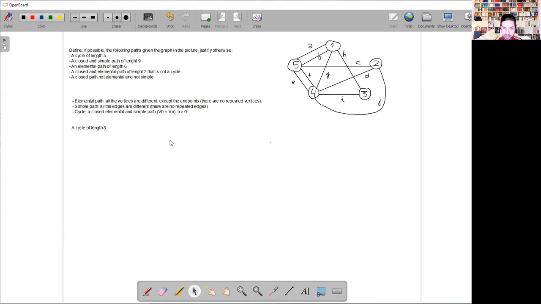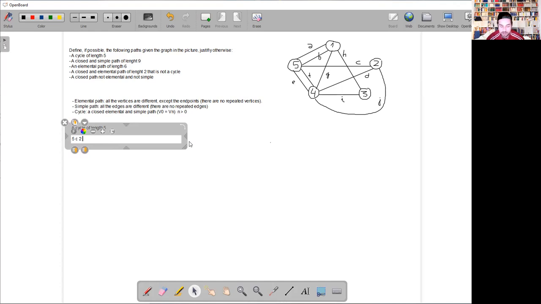So let's put an example of a cycle of length 5. It means that we will need 5 nodes in the path. So we can start, for instance, by the node 5. We take the edge C, we go to the node 2.